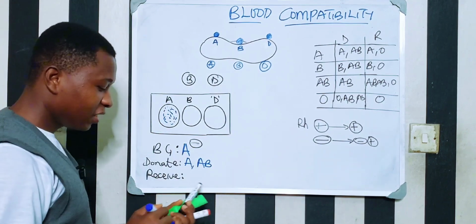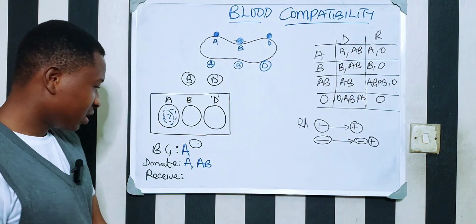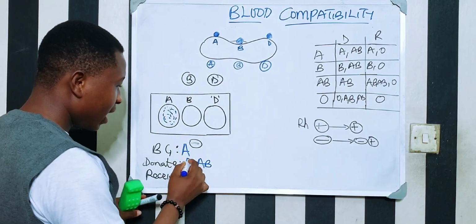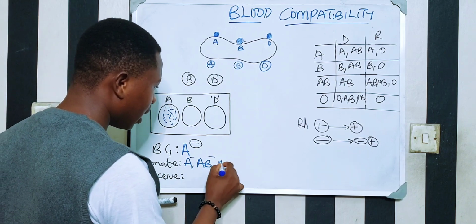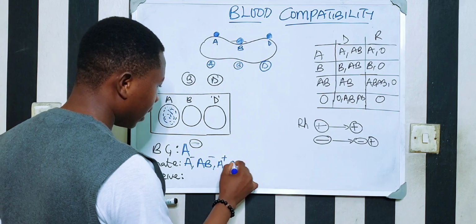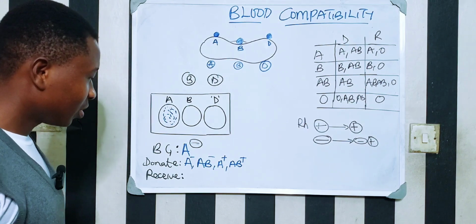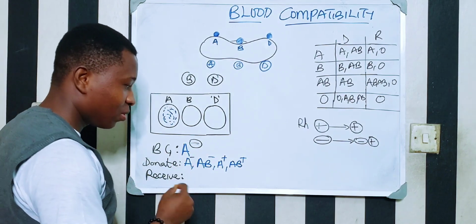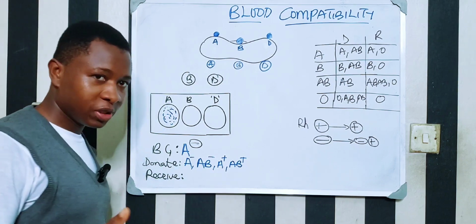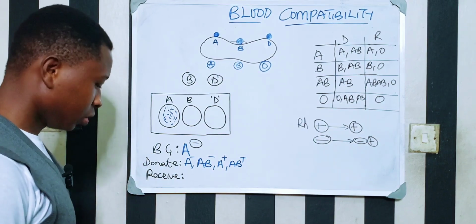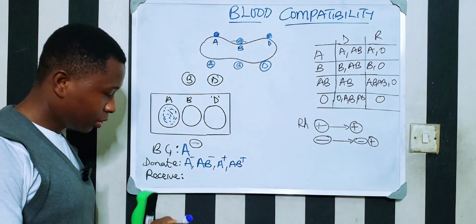Since a negative blood can donate to both the negative and the positive type of blood, that means A negative can donate to A negative, AB negative, A positive, and AB positive. Okay, I hope that's very simple and clear. So if you are A negative, note that you can donate to A negative, AB negative, A positive, and AB positive. Now, coming to receiving, we know that A can receive from only A and O. Okay, so we're going to write down.